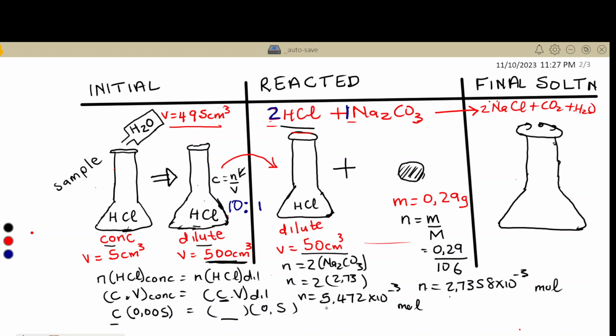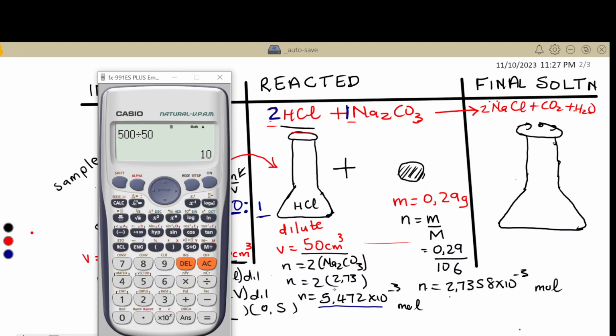So if we have this number of moles of HCl here, which is 50, we can multiply this by 10 to know the number of moles of the dilute HCl on the left, because this one is 10 times this one. So let's just multiply this number by 10, then we know the number of moles in this 500 cm cubed container.